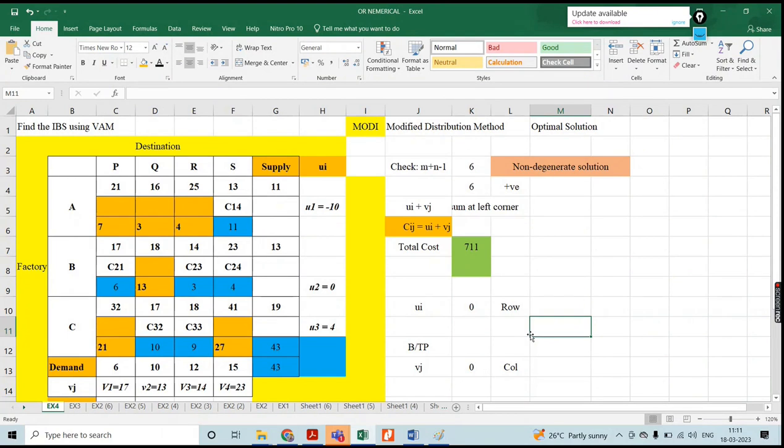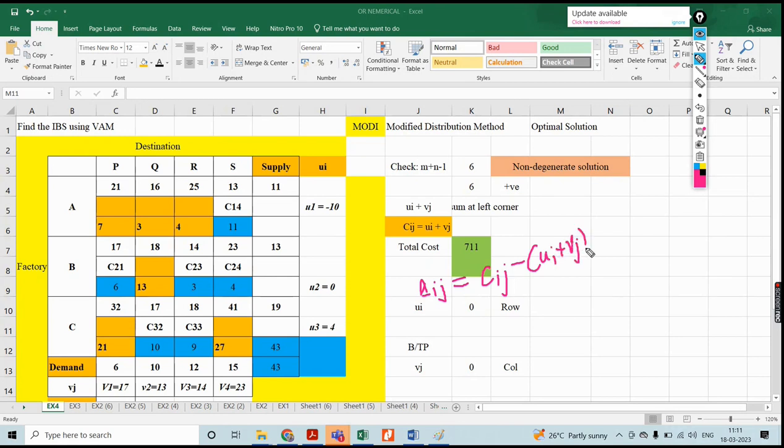Once you have done this, you have to evaluate the net evaluation value. The net evaluation value is called delta ij, equal to Cij minus (Ui plus Vj). What are these values? 7, 3, 4, 13, 21, and 27.